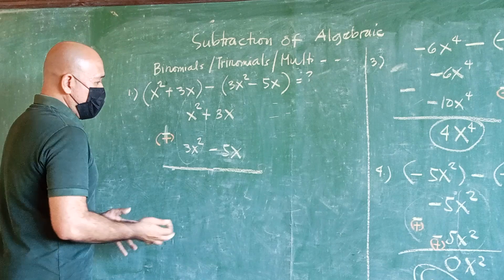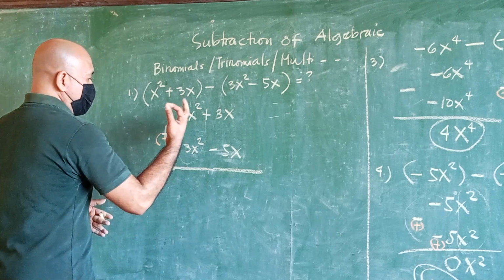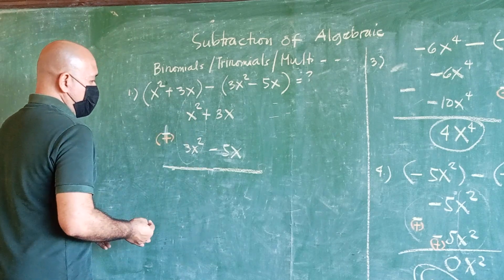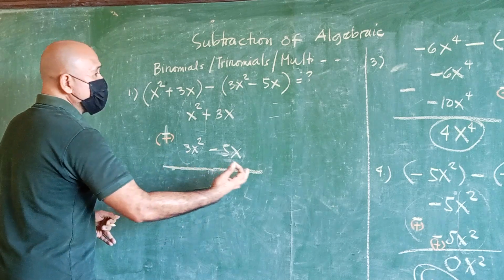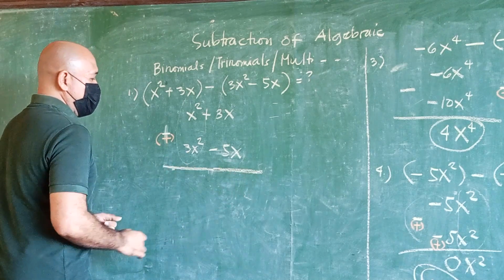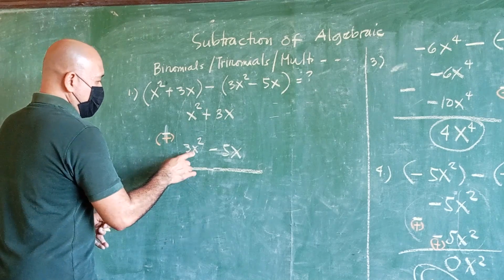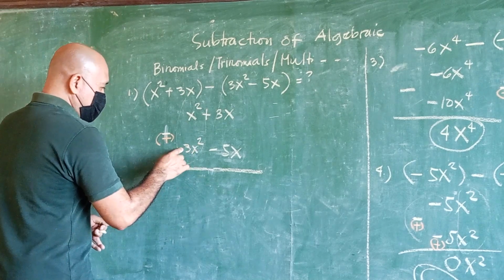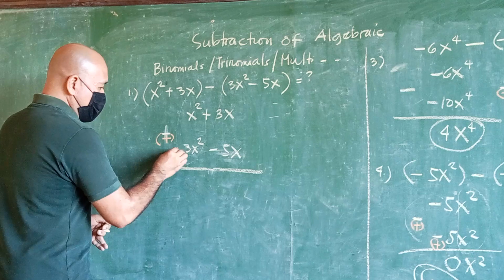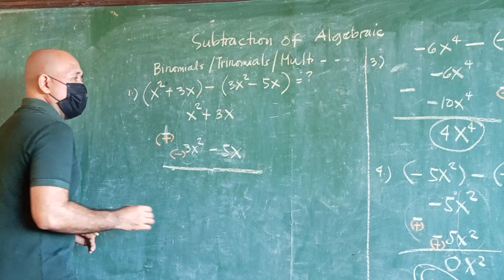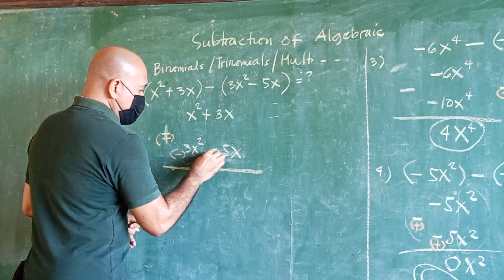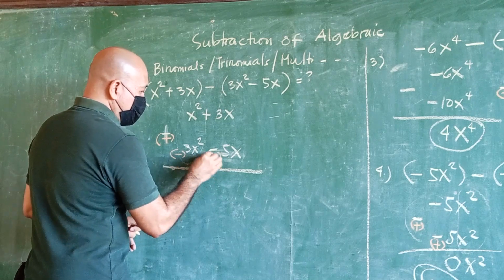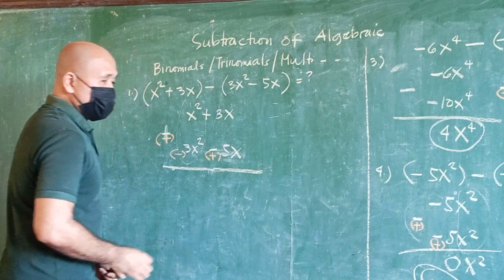And before you perform the process, try to change first all the signs in the subtrahend. So for 3x squared, it is positive, so it will become negative. And for 5x, you will change this into positive or plus.